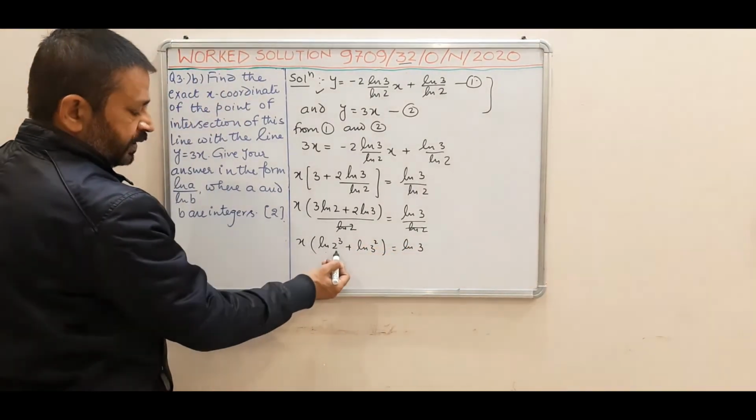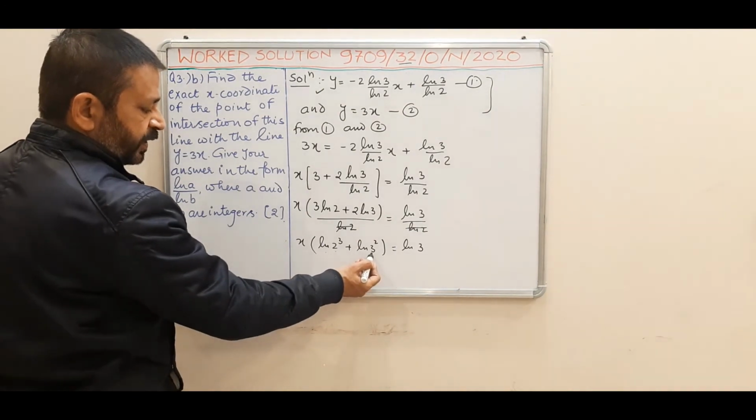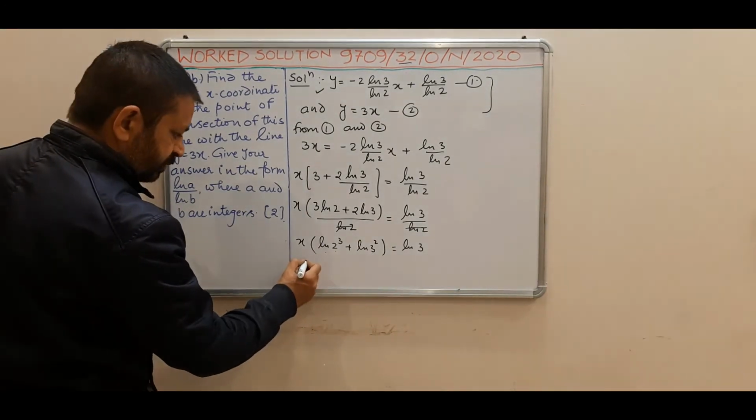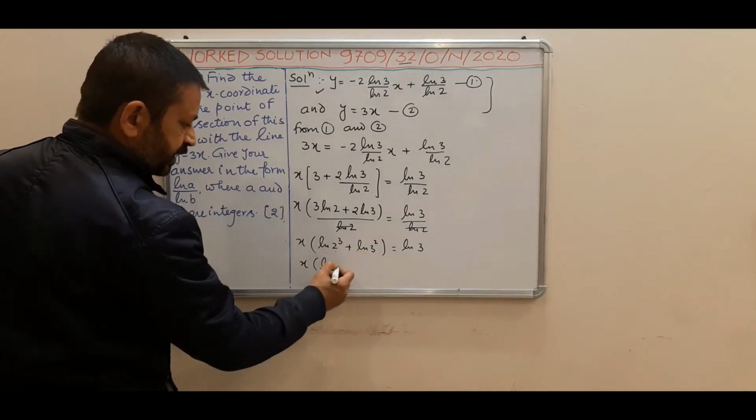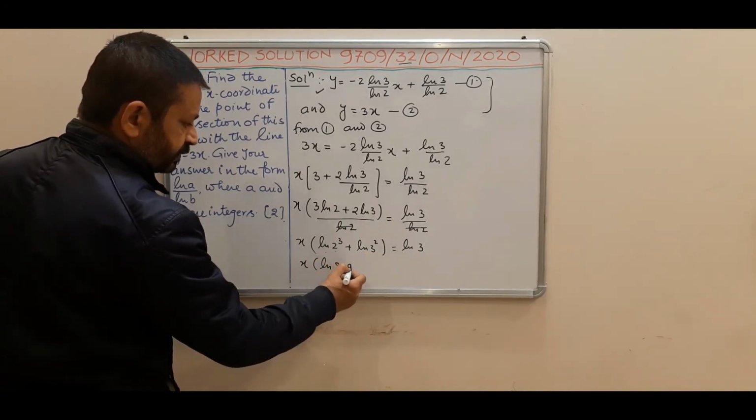So ln x plus ln y is ln xy, so it will become x times ln of 2 cube is 8, 8 into 9, 72.